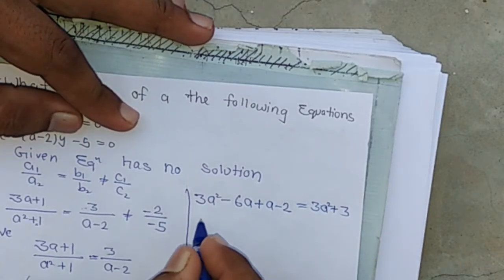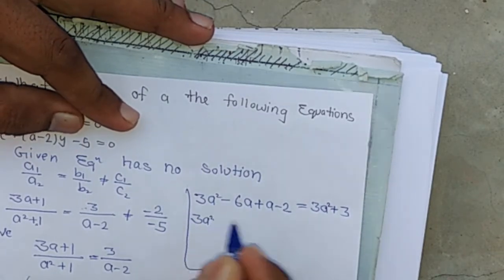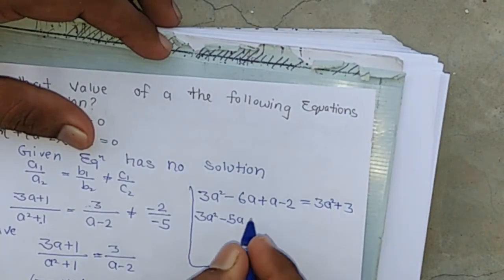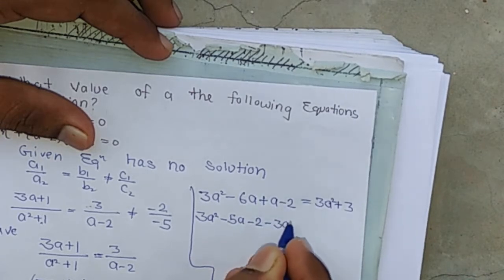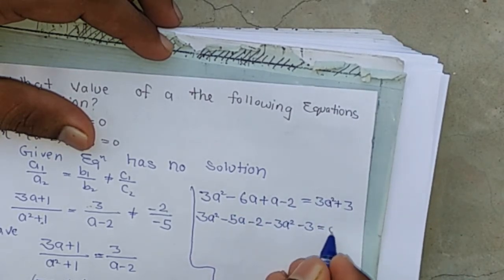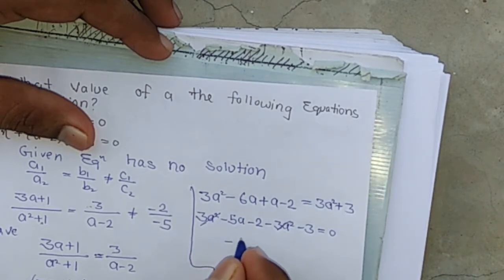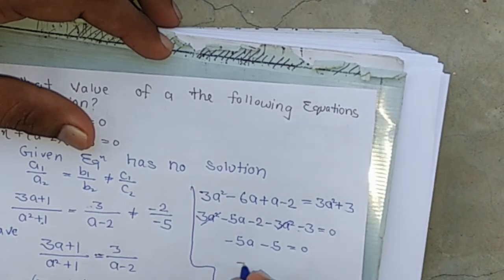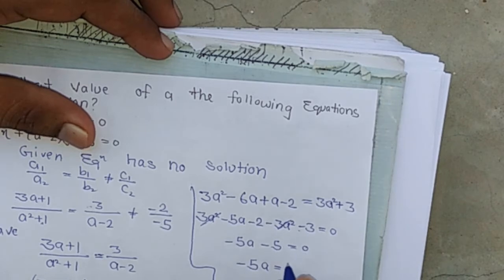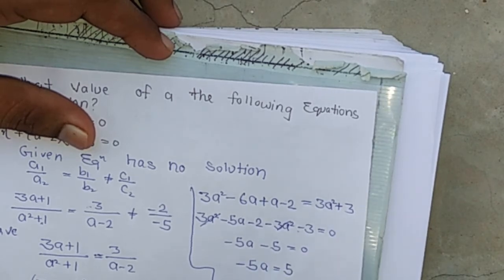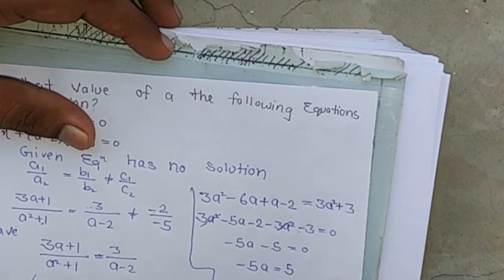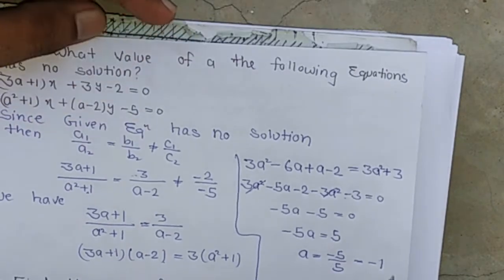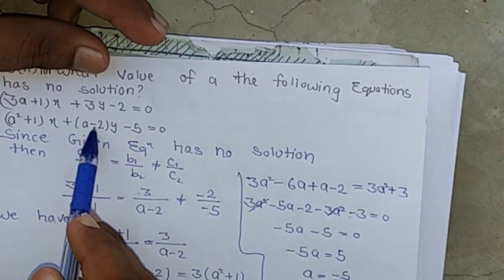Now 3a square, minus 6a plus a is minus 5a, minus 2 minus 3a square minus 3. The 3a square cancel. Minus 5a equal 2 plus 3, which is 5. Then the value of a is minus 5 by 5, which means the value of a is minus 1. And it is the answer. If the value of a is minus 1, then these two equations have no solution.